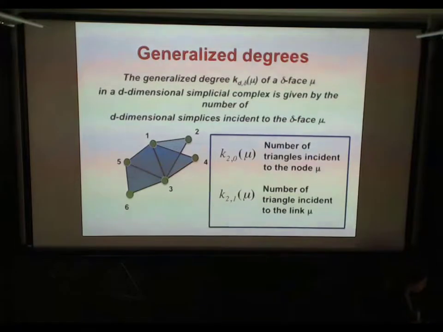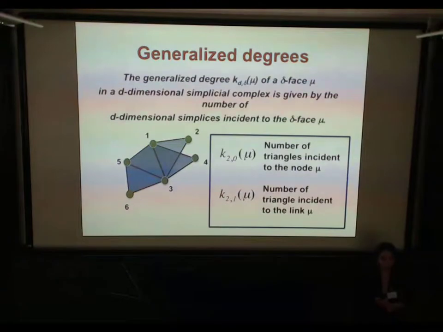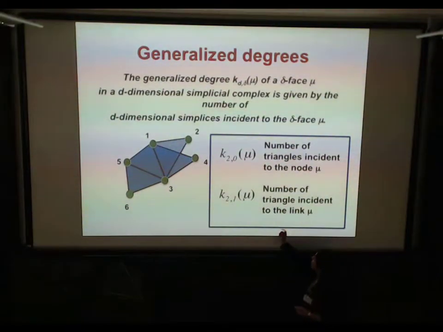We consider pure simplicial complexes formed by d-dimensional simplices, and we consider the generalized degree, the number of d-simplices incident to a face. And we call it k_{d,δ}(μ). d is the dimension of the simplicial complex, δ is the dimension of the face, and μ is the face itself.